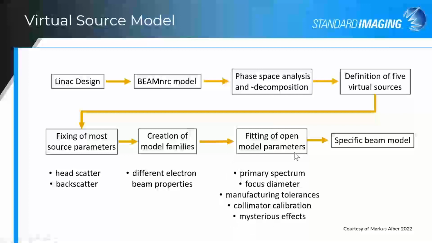But then some of the parameters are left open for fitting. Things such as the primary spectra, the focus diameter, manufacturing tolerances, such as your dynamic leaf gap, and that's how you come up with the specific beam model. But to go into this, there are, of course, your typical water tank scans that you have acquired to commission your treatment planning system.